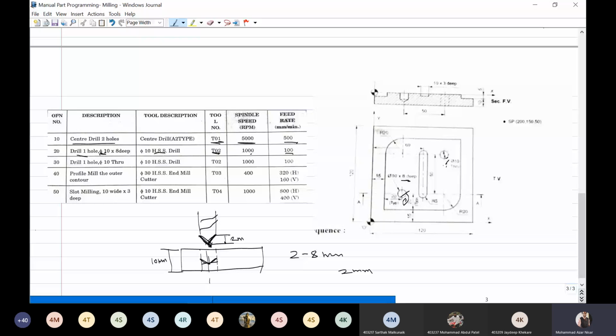That is called the breakthrough distance. If 8 mm depth is given, you have to take minus 10 instead of 8 mm, and you have to give the value. It is not related to radius, it is related to breakthrough distance. We will see that at the time of programming.